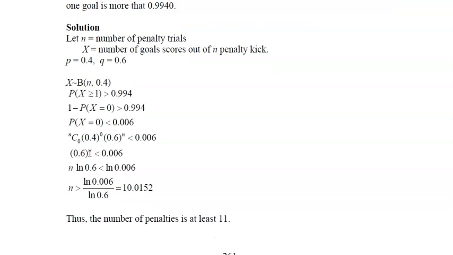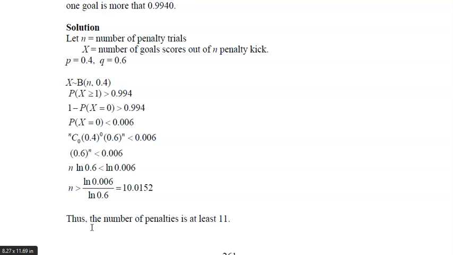We then have 0.6 to the power of n less than 0.006. We are going to solve this using the indices rule and logarithms, using the ln that you already learned in semester 1. So n is more than ln 0.006 over ln 0.6, which is equal to 10.0152.